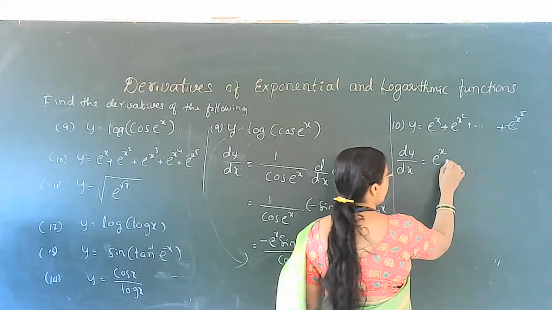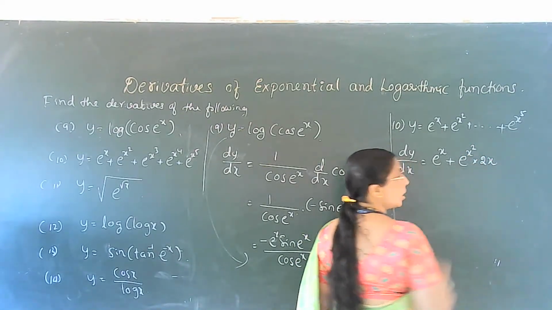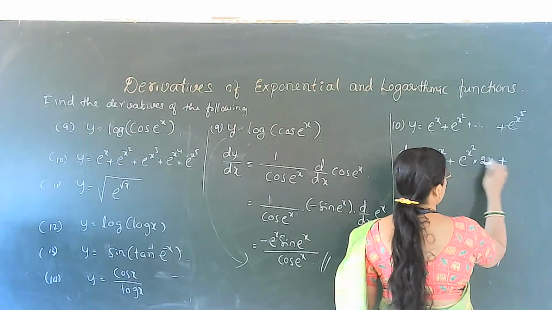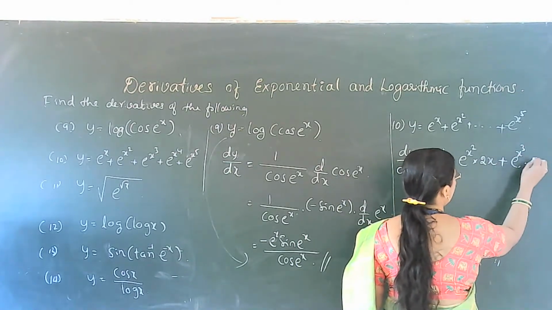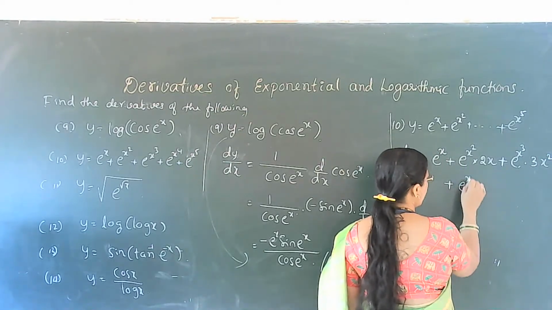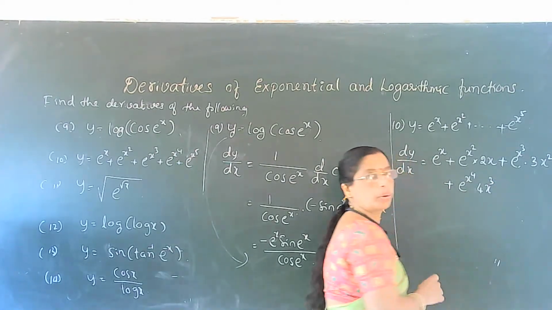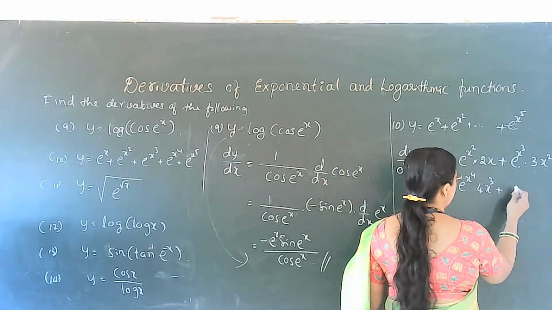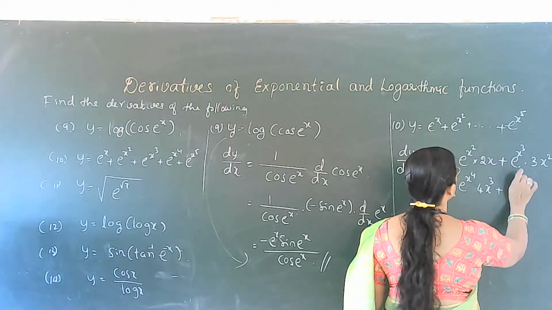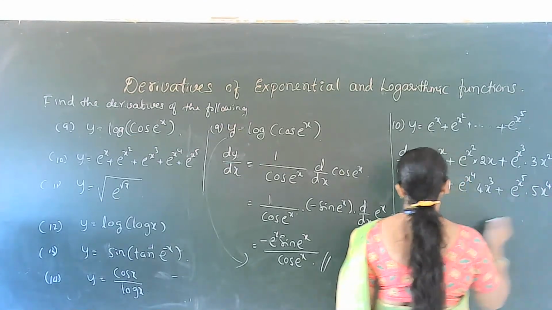Derivative of e to the power x is e to the power x, plus e to the power x square into derivative of x square is 2x, plus e to the power x cube into 3x square, plus e to the power x to the power 4 into 4x cube, plus e to the power x to the power 5 into 5x to the power 4.